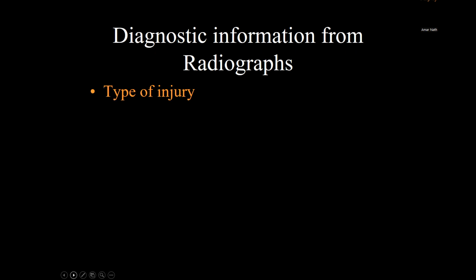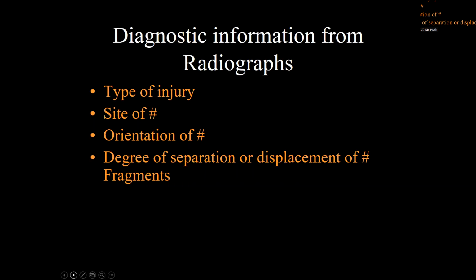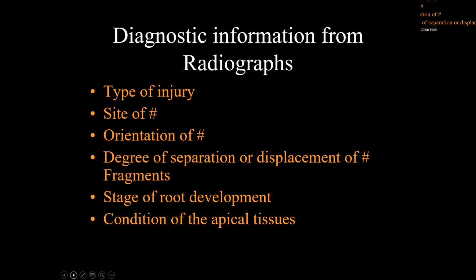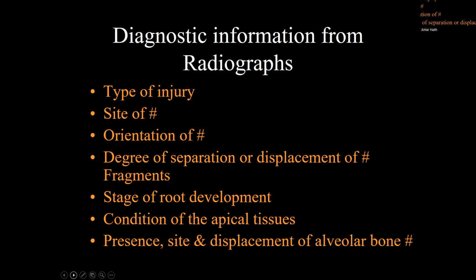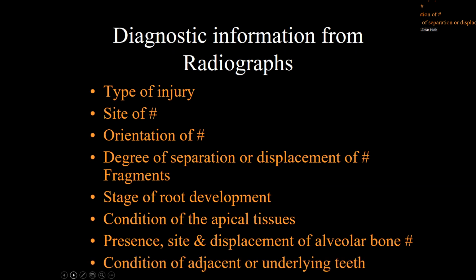Diagnostic information from radiographs. The main diagnostic information you get from a radiograph is the type of injury, site of fracture, the orientation of fracture, degree of separation or displacement of fracture fragments, stages of root development, condition of the apical tissues, presence, site, and displacement of alveolar bone fracture, and the condition of adjacent or underlying teeth.